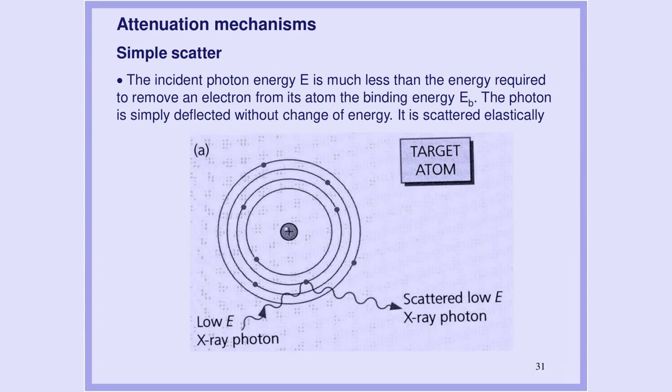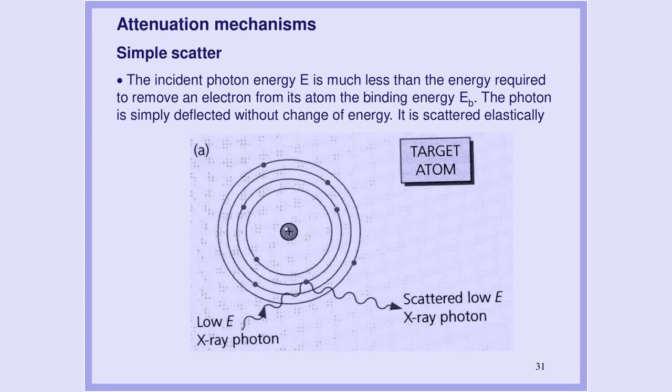Let's start with the low energy photons, between 1 and 20 kilo-electron volts. Low energy photons simply bounce off an atom with no change in momentum. This is shown in the diagram. It is simple scattering. The scattered and incident photons are coherent.